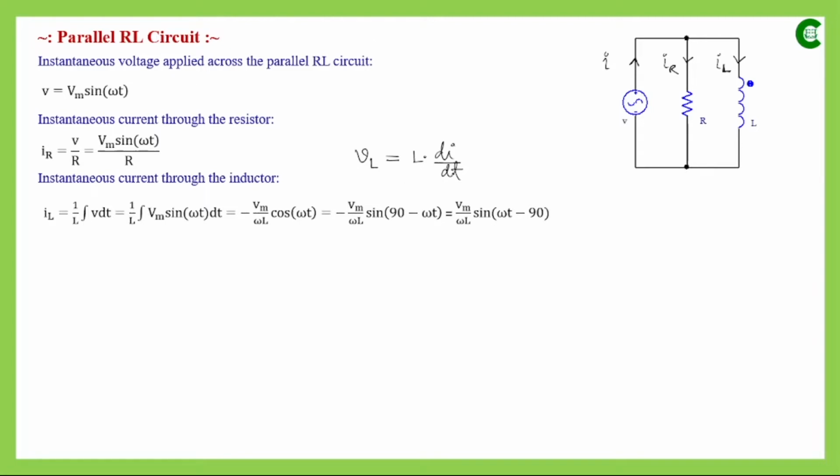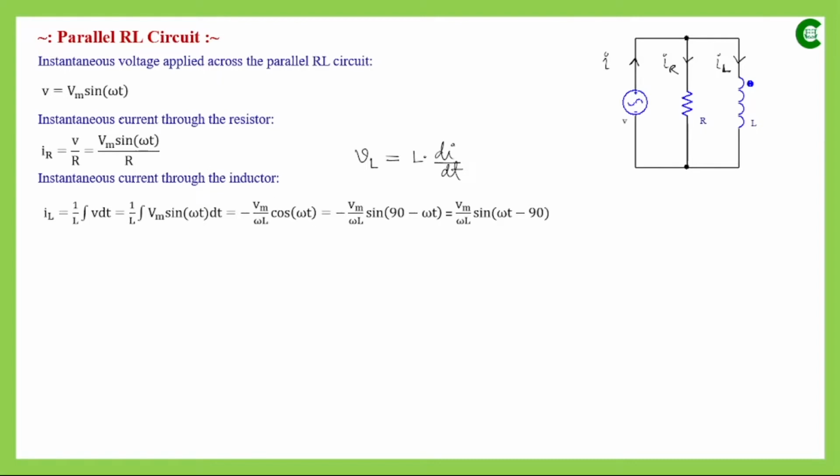Now from this relationship, if we want to express current in terms of voltage, then that expression will be 1 by L integration of v dt. Now in place of this small v instantaneous value, if we replace it by this expression, it will look like this. Now if we follow the rule of integration, then finally after integration we will be getting minus Vm divided by omega L cos omega t.